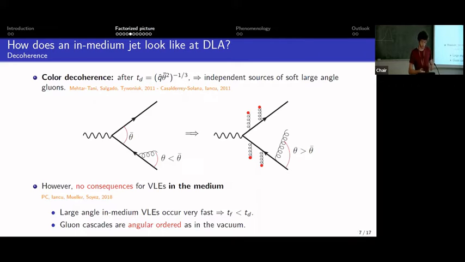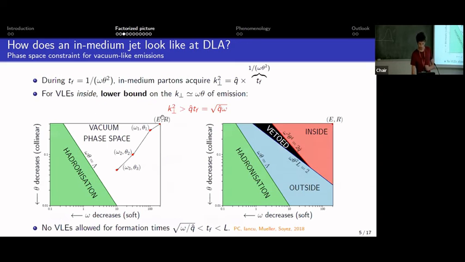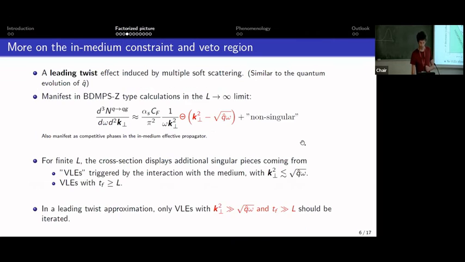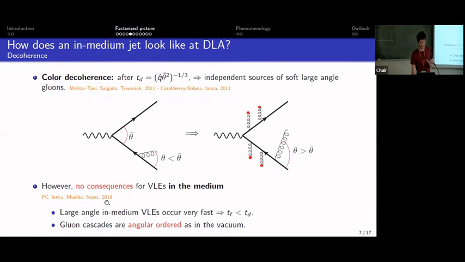But the nice feature of this time scale, after which the antenna has lost its color coherence, is that by playing with these scales and this boundary inside the red region, you see that, in fact, this vacuum-like cascade inside the medium happens so fast that the antennas don't have the time to decohere.